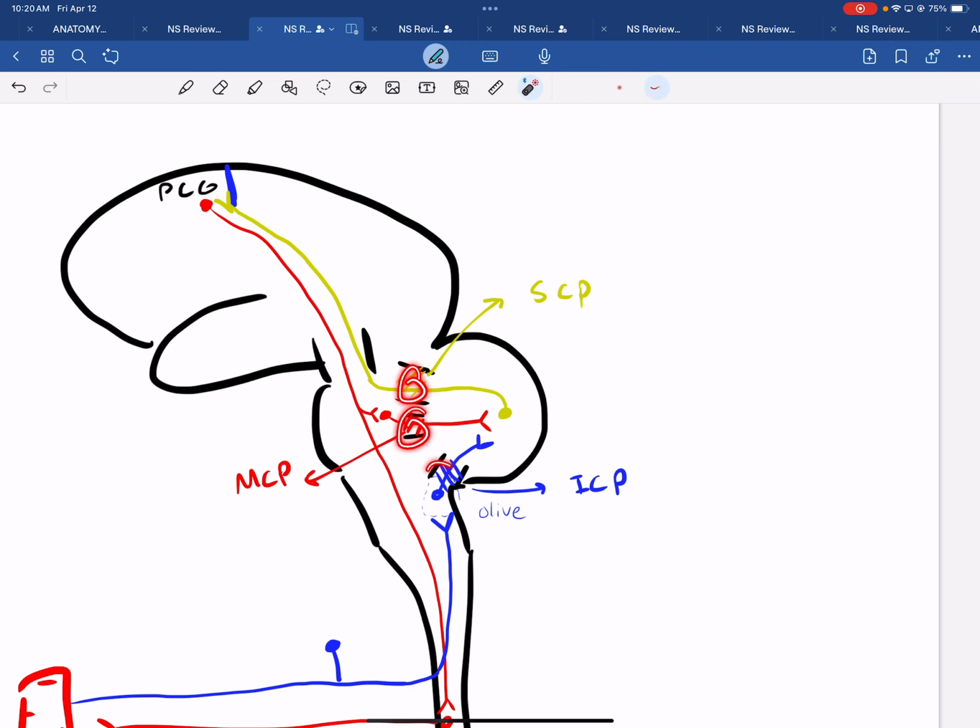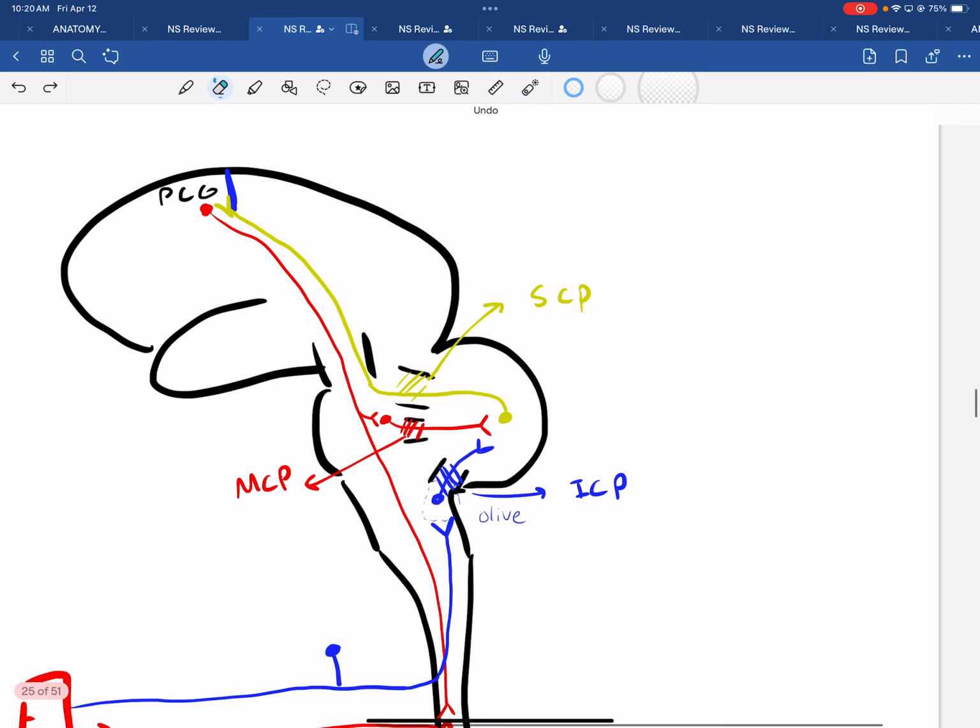So these are the functions of these cerebellar peduncles, right? The function of the middle cerebellar peduncle is to send the motor plan to the cerebellum. The function of the inferior cerebellar peduncle is to send the unconscious proprioceptive information from the muscle to the cerebellum. The function of the superior is to send corrective proprioceptive information to the motor cortex, right?